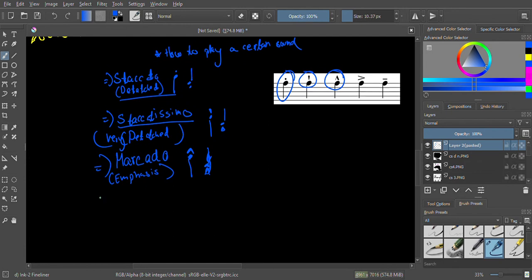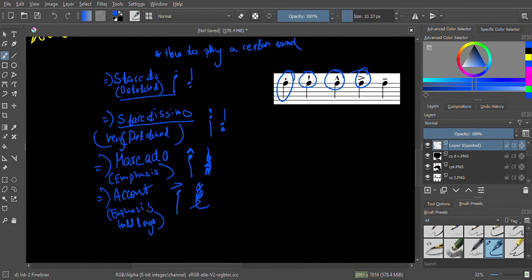Then there's this, I'm not sure there's another word for it, it's just called an accent, which is like this. This here just means emphasize again, but keep it slightly long, hold longer. So in the marcado, I'm sort of tapering it off and making it slightly shorter.